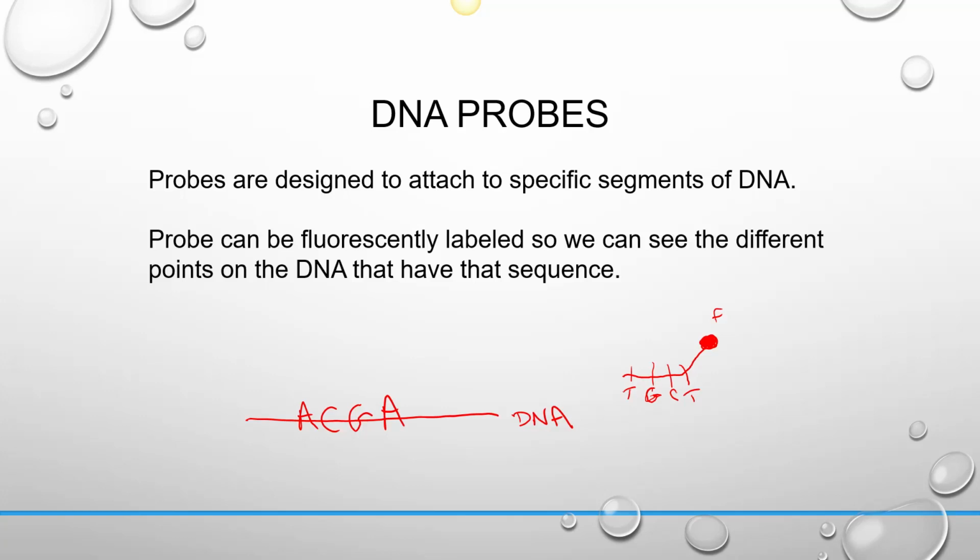A lot of times this is linked to a quencher, so possibly on the other side of this is a quencher molecule that dampens the fluorescent signal, and it would actually take a break in this probe in order to be able to visualize the fluorescence. DNA probes is something that is discussed in a little bit more detail in molecular diagnostics.